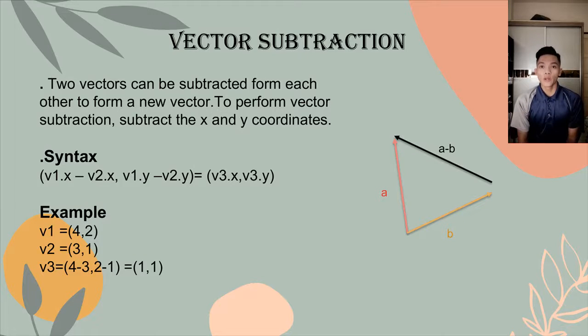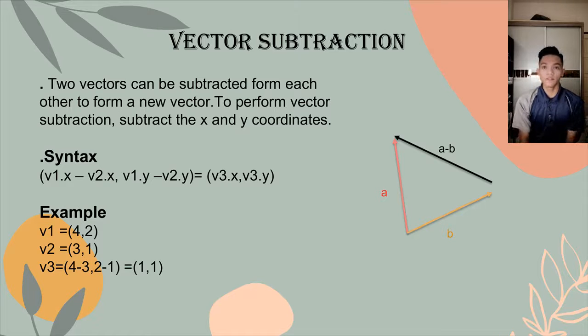Now we are going to talk about vector subtraction. First of all, two vectors can be subtracted from each other to form a new vector in a triangle. But in order to do so, both vectors must be converted into x and y form, or specifically coordinates.